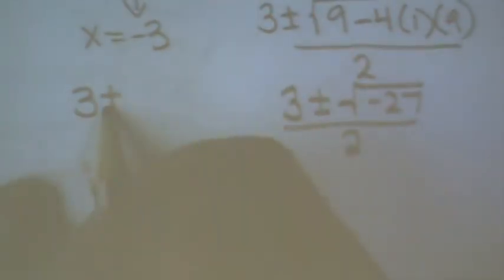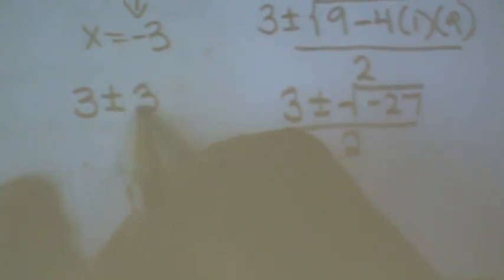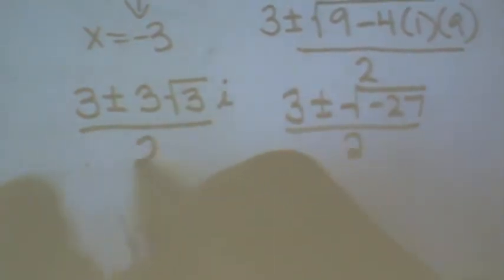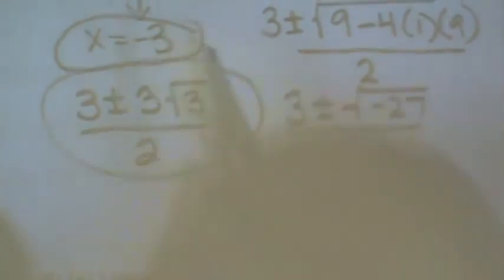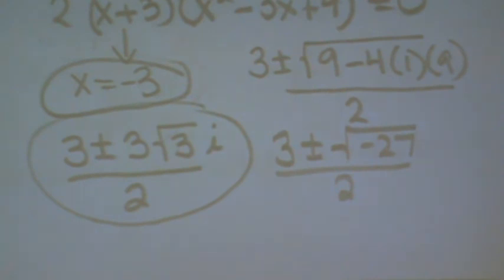So this is going to be 3 plus or minus 3 root 3, there's an i, over 2. And you can't simplify anything. So we have these two answers and those two. And the problem is done. Homework is completed.